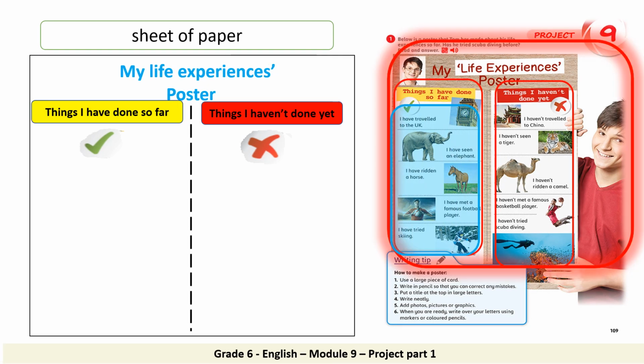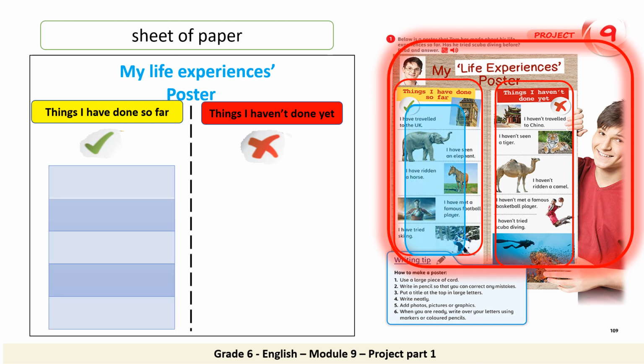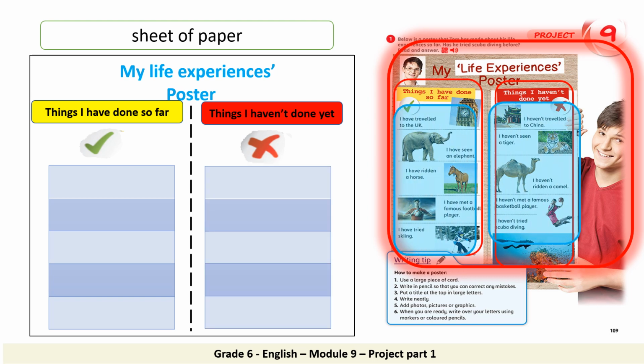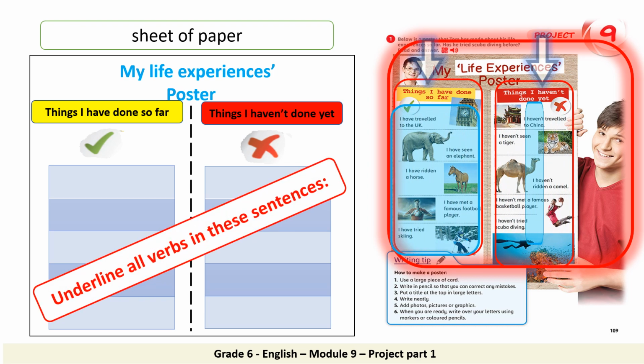Now, after we wrote the title and the headings, let's look at what we will do next. On the left, make a list of the things you have done so far. On the right, make a list of the things you haven't done yet.